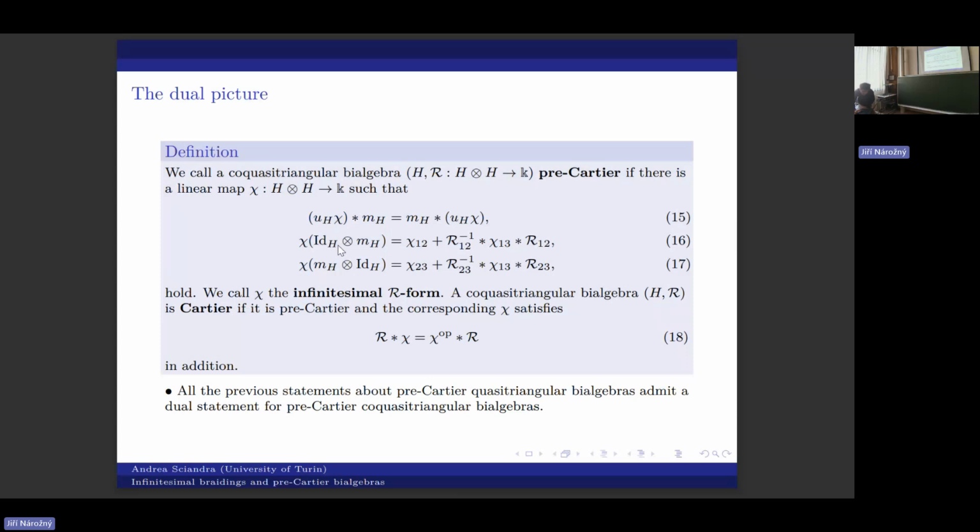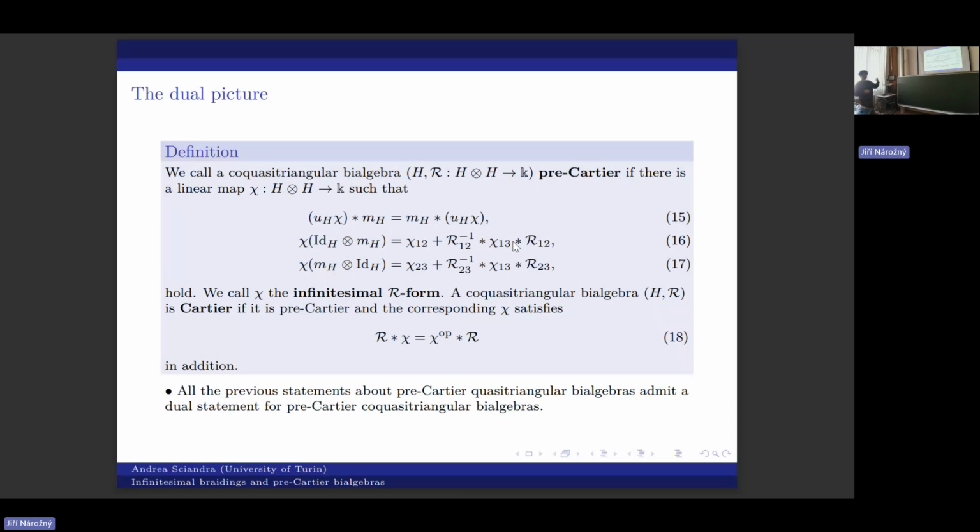You see that before we had identity tensor delta of chi, now we have chi composed with identity tensor M. And this part here is exactly as before, but now we have to replace the product with the convolution product. I don't want to go into details about what a convolution product is, but when you have a morphism from a coalgebra into an algebra, naturally you have a product which is called the convolution product. And now we have this kind of product instead of the standard product between elements.